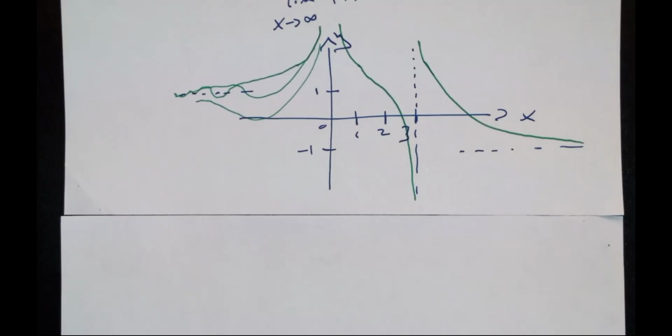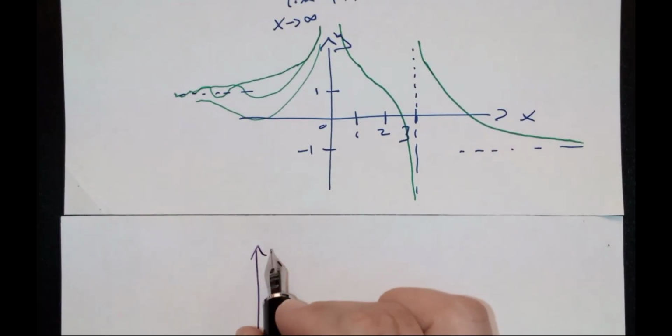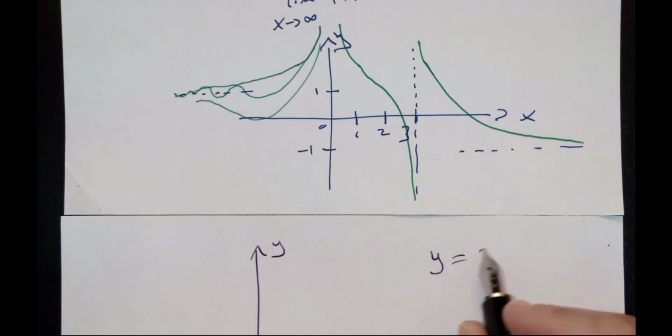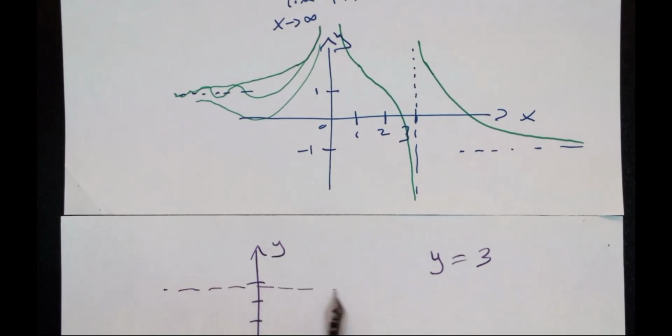Not really, because if I say y equals 3, where do I put the 3? On the y-axis. I draw my line parallel to the x-axis, but it's not on the x-axis.